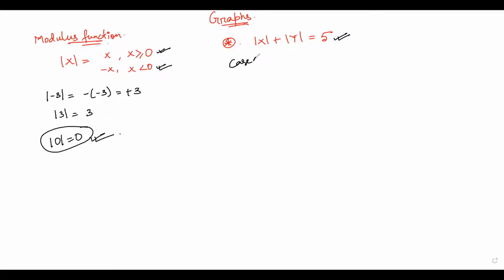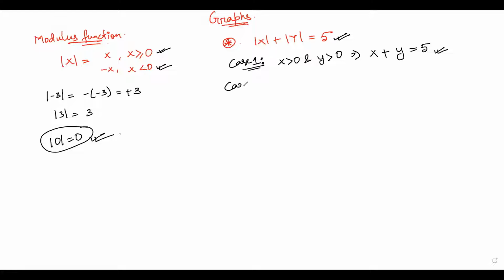Case 1 would be when x is greater than 0 and y is also greater than 0. In that case, mod of x would be x and mod of y would be y, and this would be equal to 5. So we are getting a linear equation x plus y equal to 5 when x is greater than 0 and y is also greater than 0.